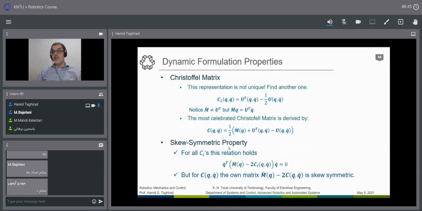We can show the skew symmetricity property. Remember that we will use that a lot in the next chapter, and even in this chapter, at the end of the chapter.